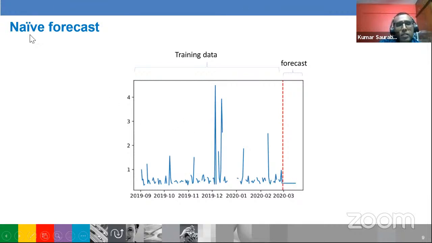So we added this third model to the two models that we already had, and we put a threshold: if any job has historically never crossed 30 seconds, we call it a quick running job. For such quick running jobs, we don't want to use complicated models.